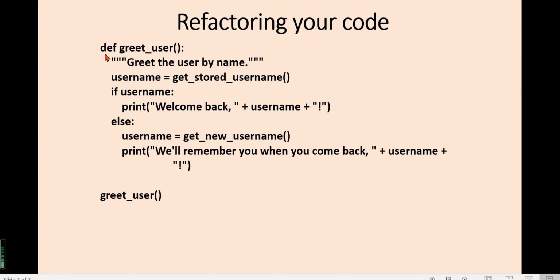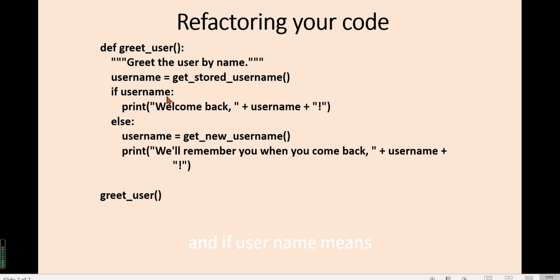And the big function called greet_user is now much simpler. So username will get stored username. This function we created in the previous page. So inside this function, first we will call this function, because this function is created outside, in the global scope, so inside of this function we can call it.